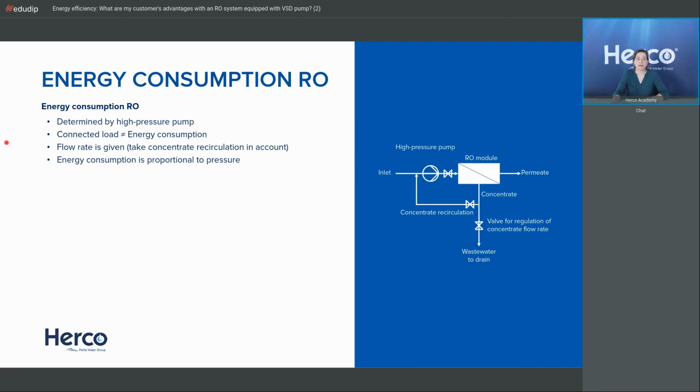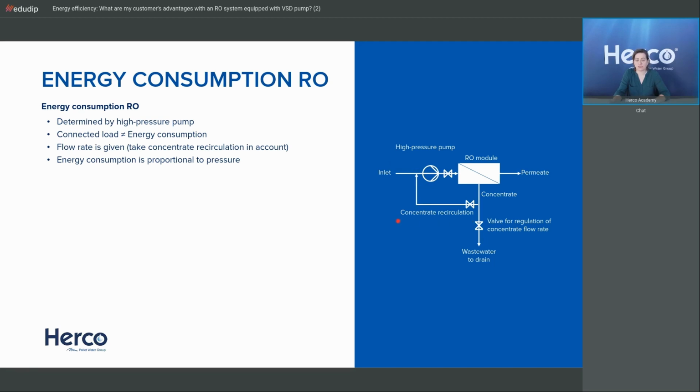Okay, now the energy consumption, or what you need as power for the pump, we have seen that before, depends on the flow rate and on the pressure. For our RO systems, the flow rate is a given. The flow rate is what you have already decided for the permeate, what you need, plus concentrate recirculation. So the inlet and the concentrate recirculation give you your flow rate.